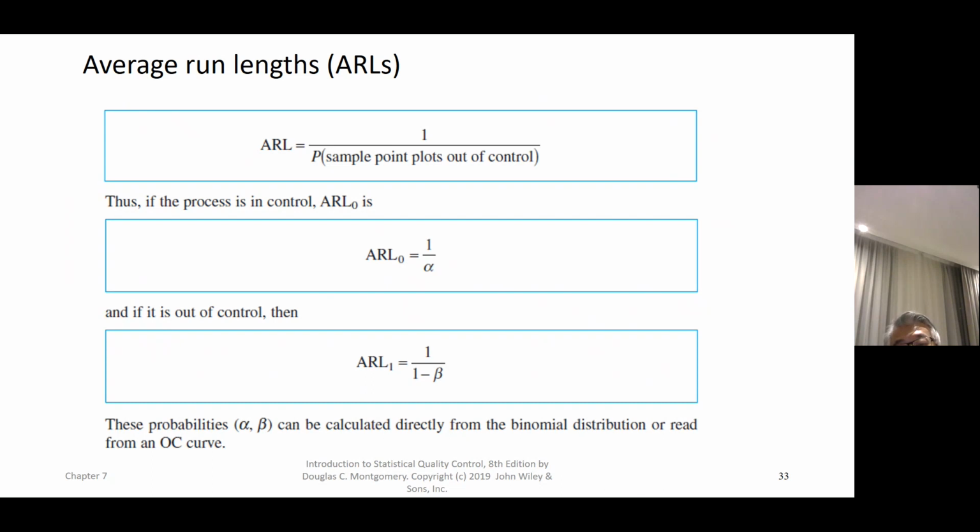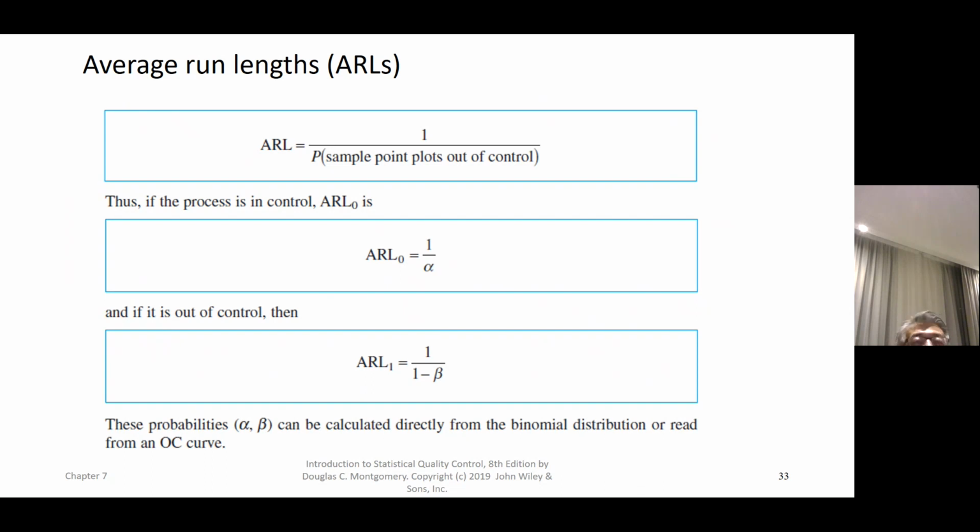One minus beta is the power, the probability that a sample plots out of control, which means we make a correct decision.